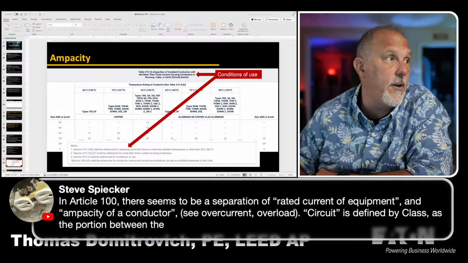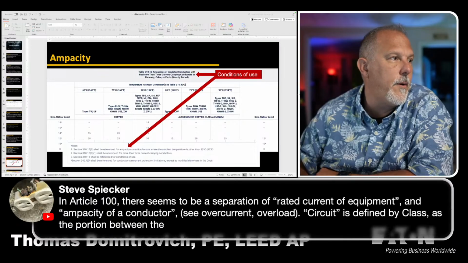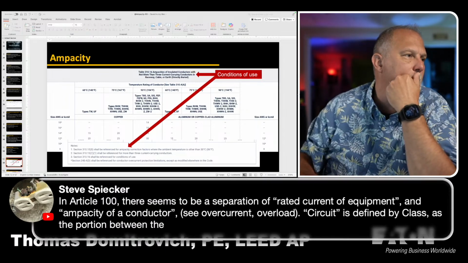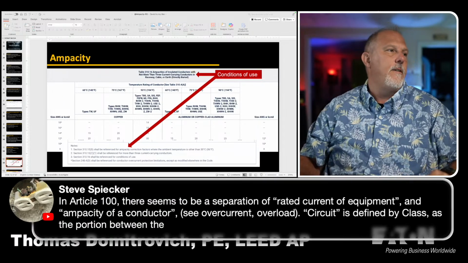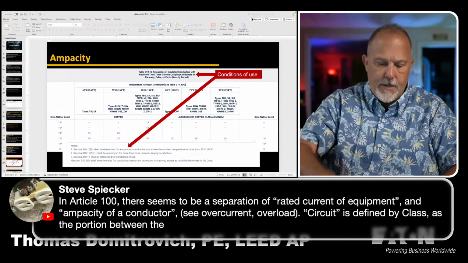I'm going to look under E for equipment. Equipment, portable, equipment, branch, equipment rack. Where do you see rated current of equipment? Hold on, let me do a search. Steve, help me out here, brother. Rated.